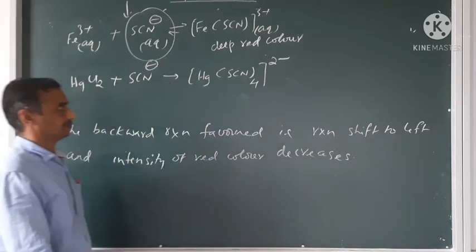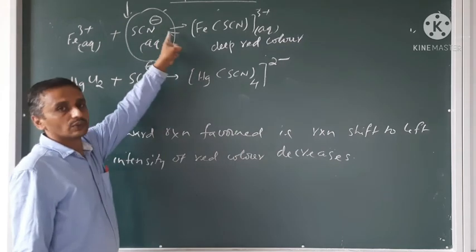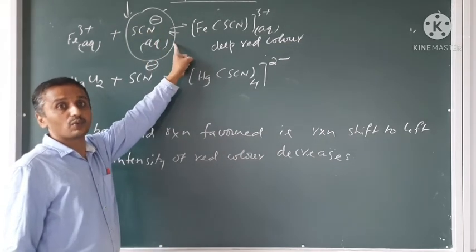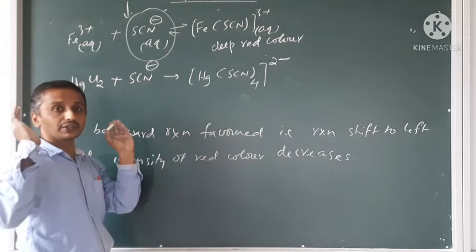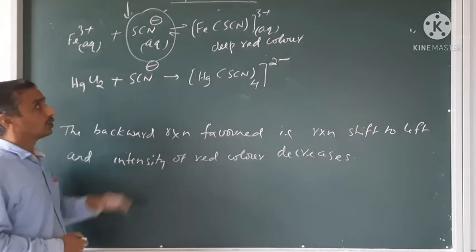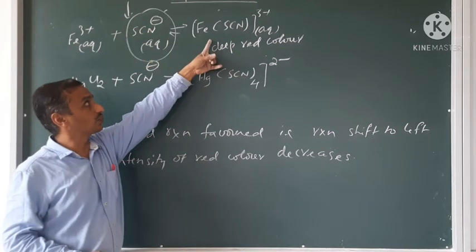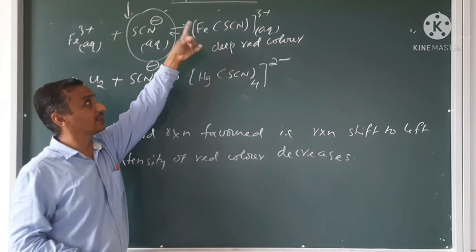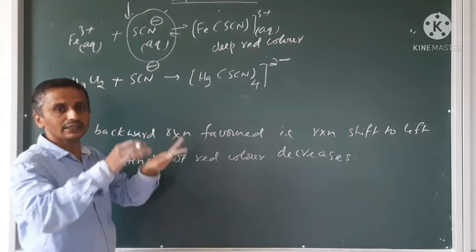Note this properly. Intensity decreases because one of the reactants is removed in the form of a reaction, or one of the reactants is used for reaction with HgCl2. So this will be decreased. The decomposition of this FeSCN2+ ion favors the red color diminishing.